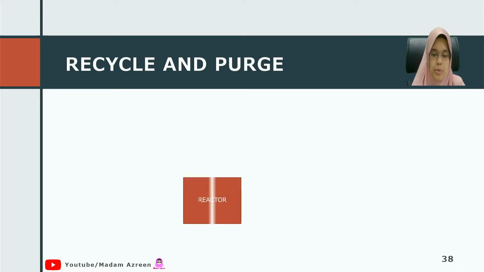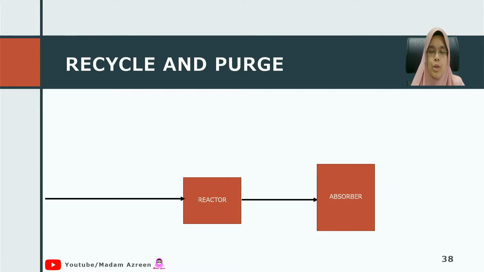For example, when we have a reactor and a feed to the reactor, at the same time we do have a separation because we want to recycle back the unreacted reactant. This is an adsorber. An adsorber is one type of separation unit.